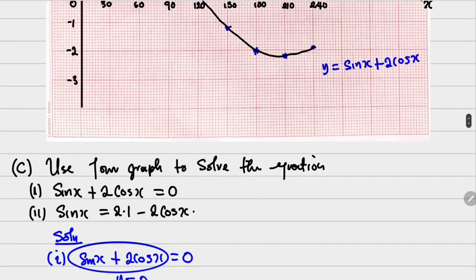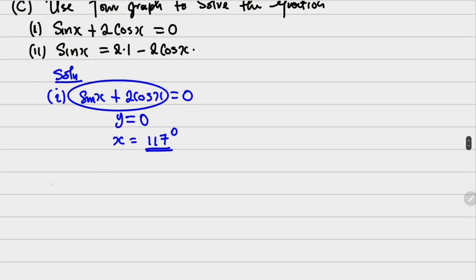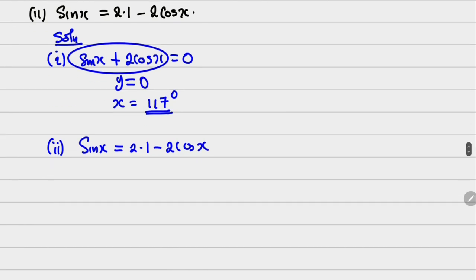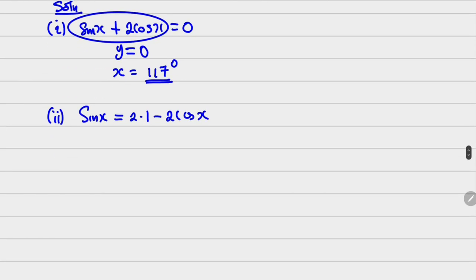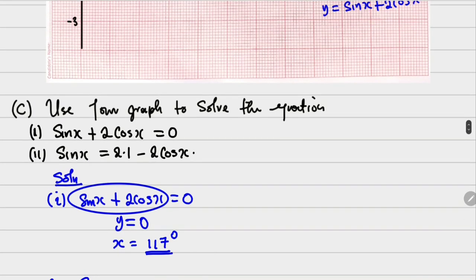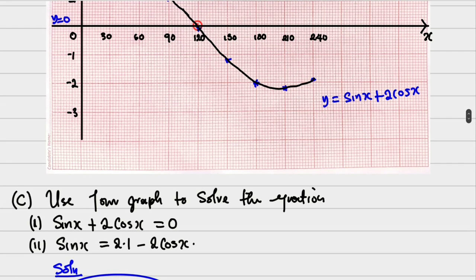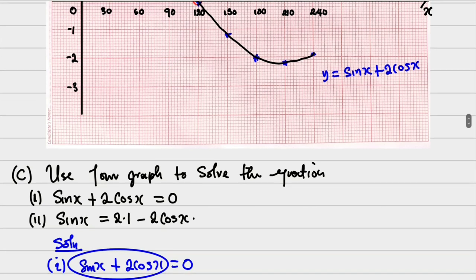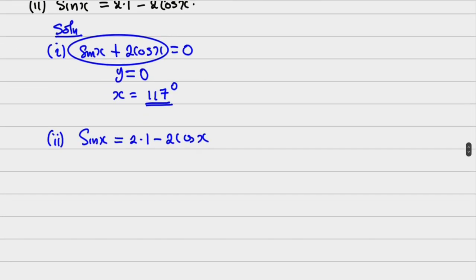Now let's move to the second question, Roman figure 2, which says sine x is equal to 2.1 minus 2 cos x. Having this, you are going to rearrange it to look like what was given from the beginning, the relationship that gave the graph, which is y equals sine x plus 2 cos x. How do you do that?